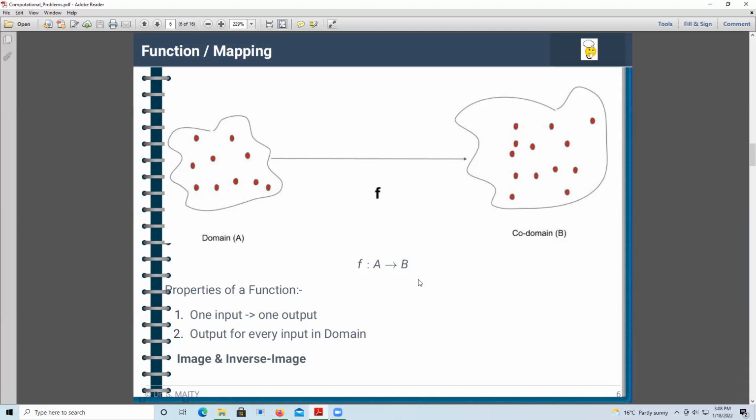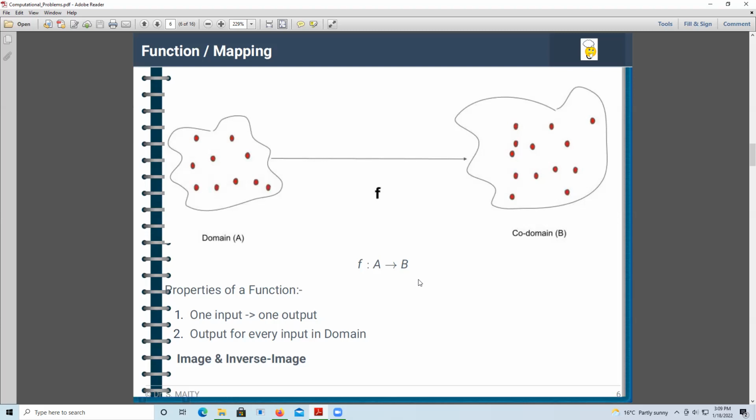Output values cannot be outside this set B. Now, the property it must satisfy: one input, one output. That means there cannot be any one-to-many relationship. In DBMS, you have studied four types of relationships: one-to-one, one-to-many, many-to-many, many-to-one.